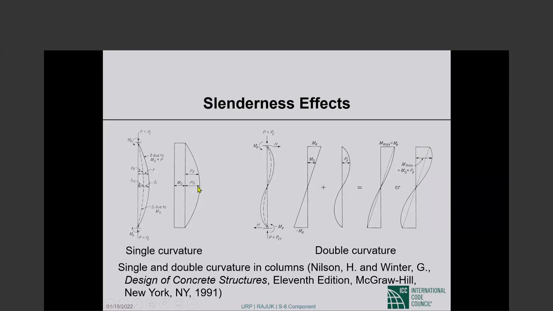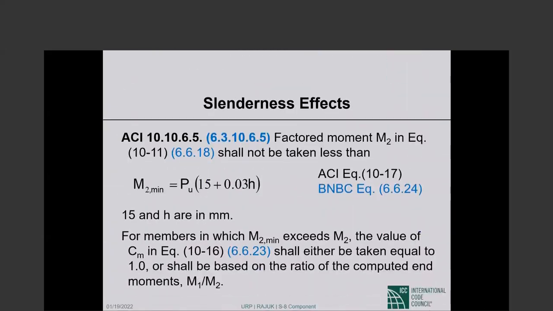So when it is single curvature, moment magnification is significant. When it is double curvature, moment magnification is much less. And this is why C sub m is small when the column bends in double curvature, and it is larger when the column bends in single curvature.